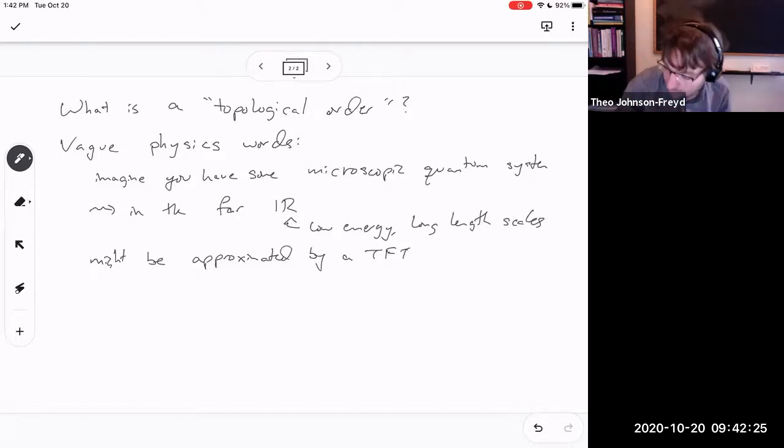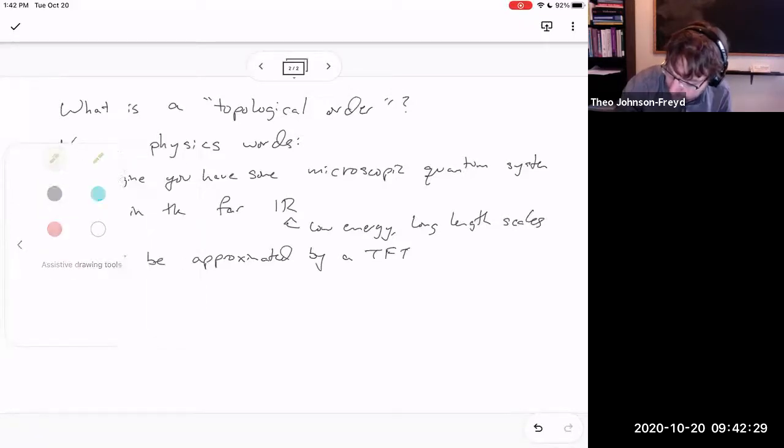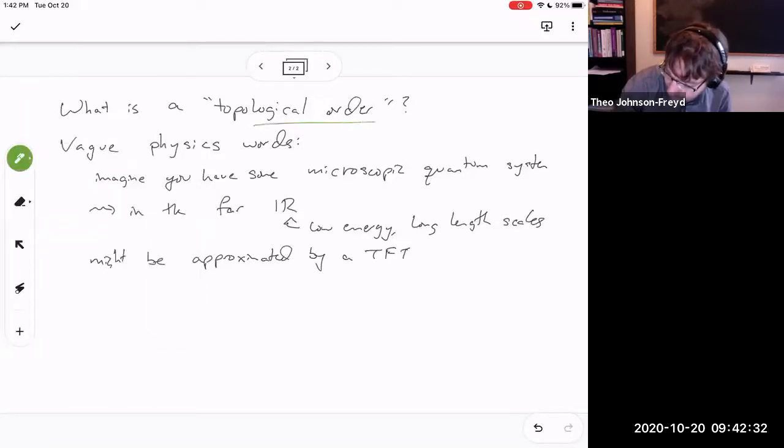And topological order is an attempt to axiomatize basically the topological field theories that arise in this way. And the history is really from people thinking in about 2+1 dimensions of what particles arose.